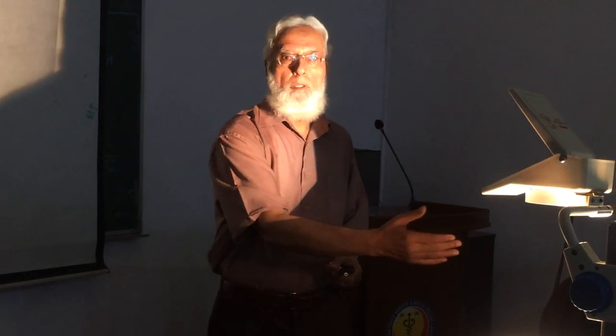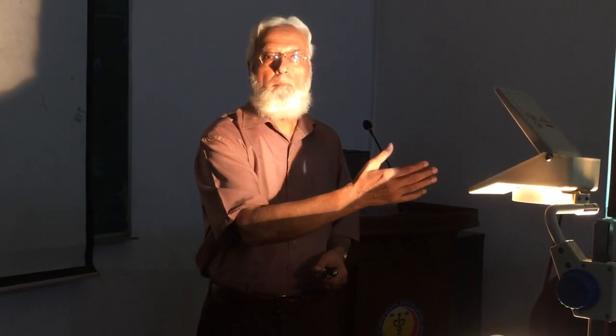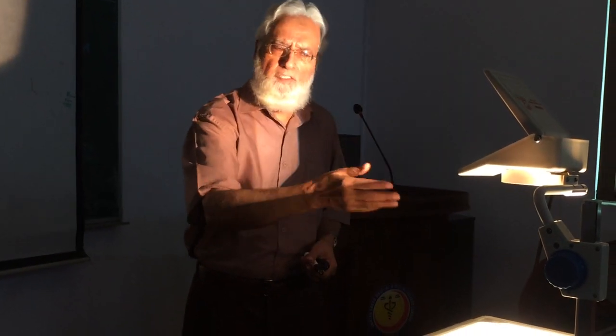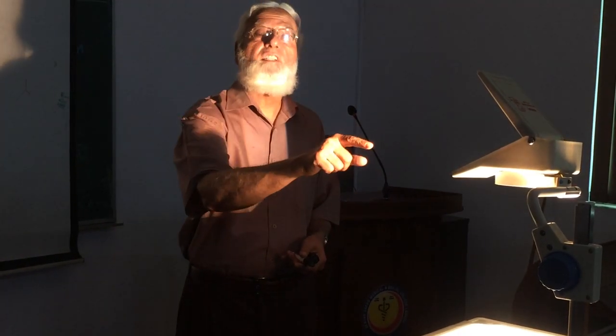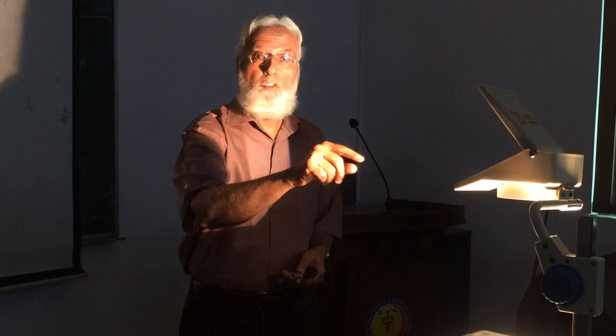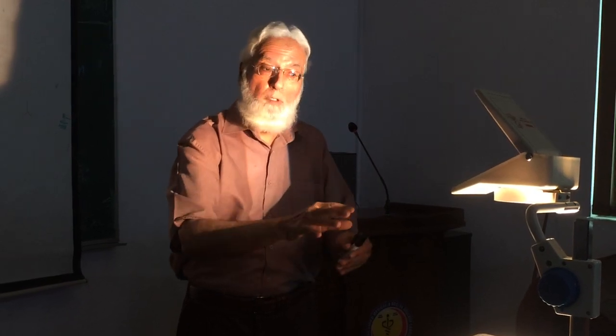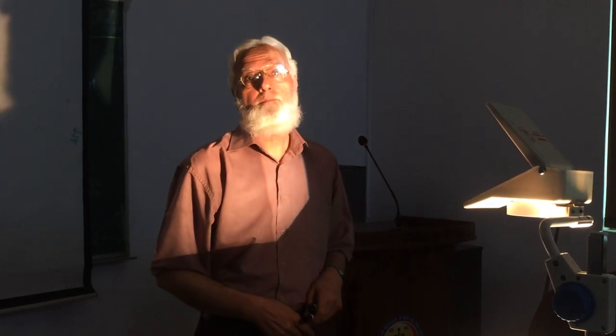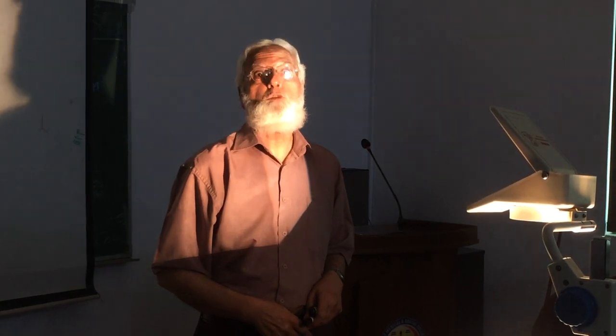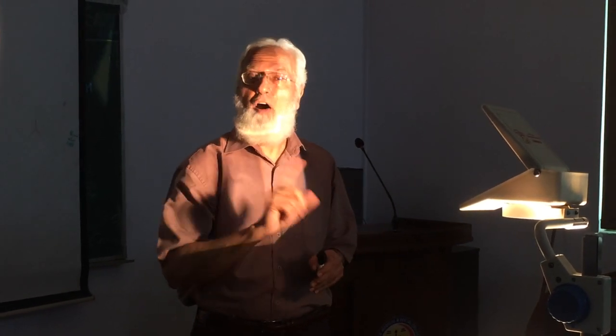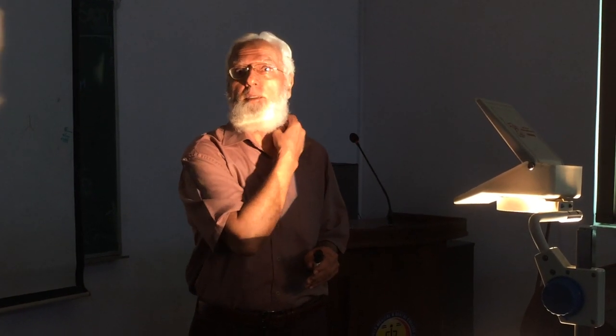The train comes with a high velocity and passes away. But just after the train has passed, you will be pulled towards the rail track. Why? Because of drop of pressure there.